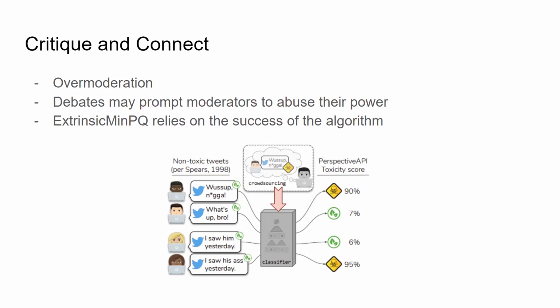But the extrinsic min PQ's purpose of delivering the most toxic comments first and then the least toxic comments later is only meaningful if the machine learning algorithm is successful at accurately assessing how toxic the comments really are. And from what we learned in our articles so far, it's pretty unreasonable to assume perfection for a machine learning algorithm because of its inability to pick up on things like context rather than notice words that just might be considered bad.